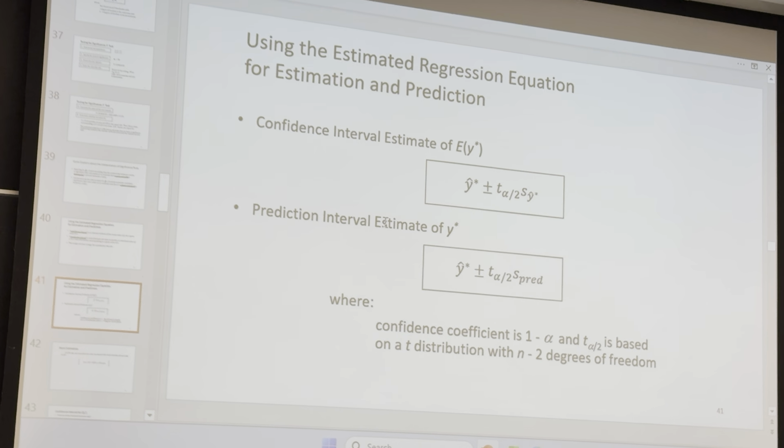Now, the t value is the same, but this is your standard deviation and this is your standard deviation. In which case is the standard deviation going to be bigger? Which one is bigger? The second one, because there is a greater chance of making an error. You are only predicting for a single month. A single month could be anywhere.